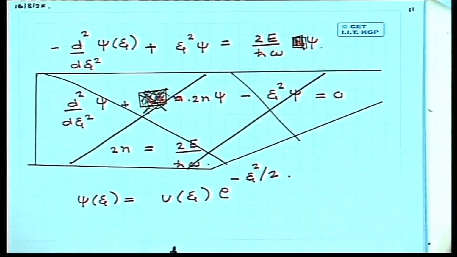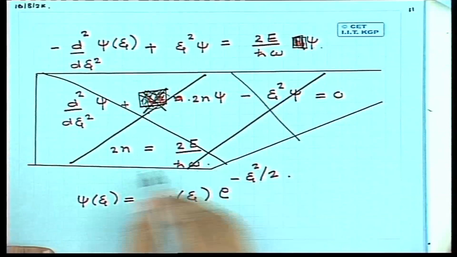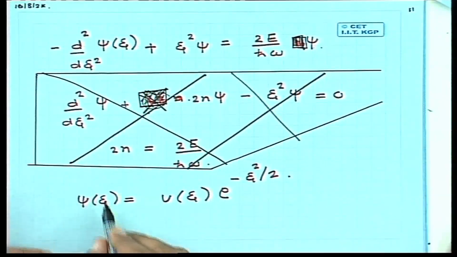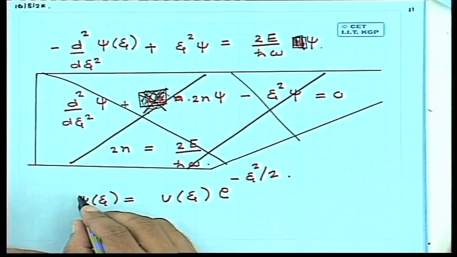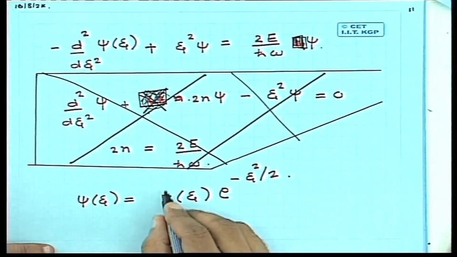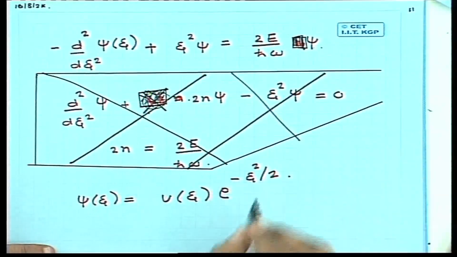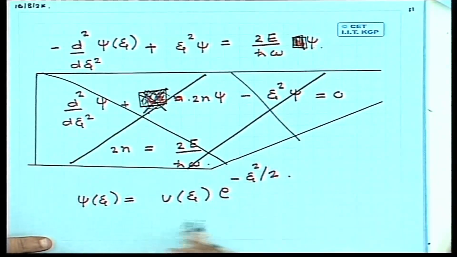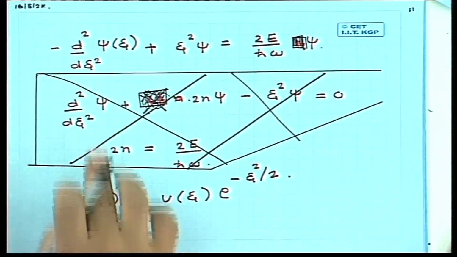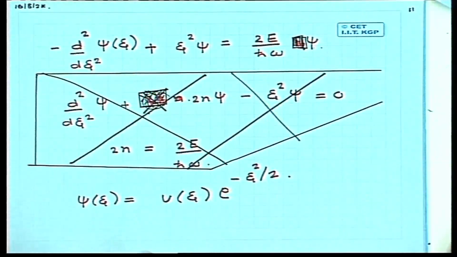In this we make a substitution, we take a trial wave function which is of the form psi of xi is equal to some function v of xi into e to the power minus xi square by 2. So we take a trial function of this kind and we plug this into this equation.